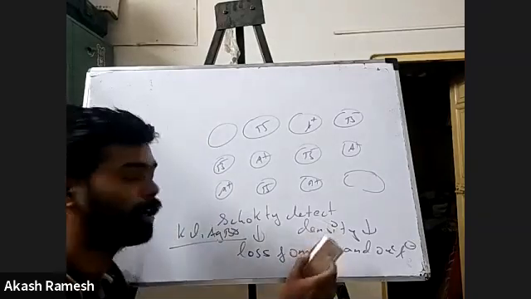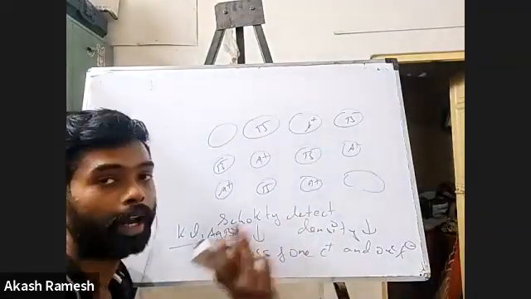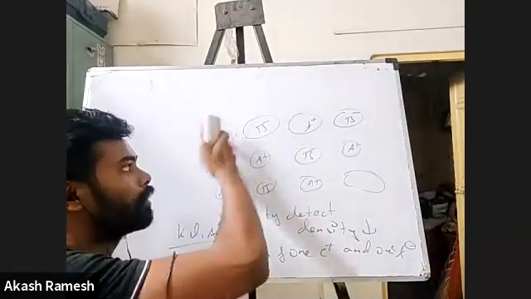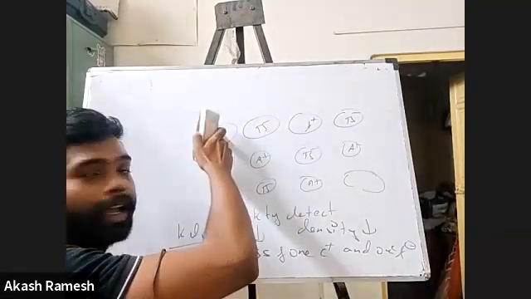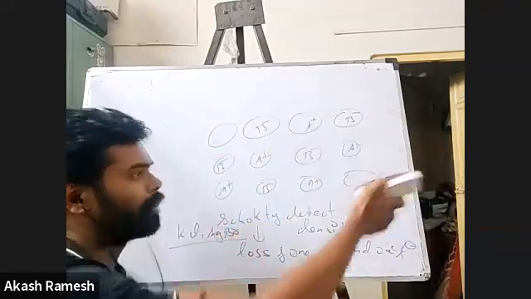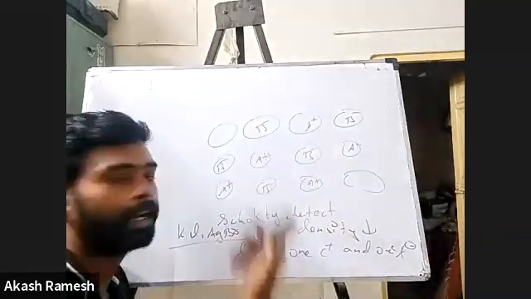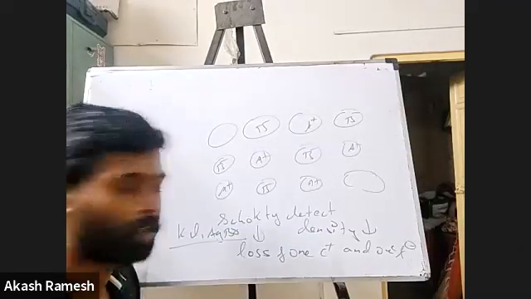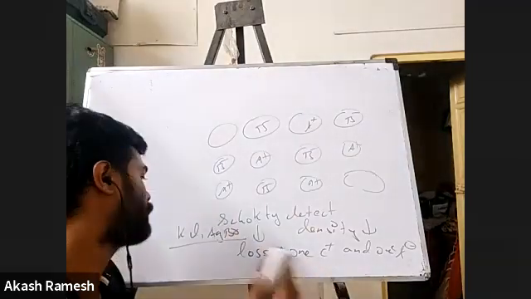I hope it's understood. One cation and one anion is lost, very simple. But they should not be lost consecutively. Say A somewhere you take, B somewhere else you take. I took it from here, you can take it from here, or from here, anywhere you can take, but not consecutively. So that is about Schottky defect.